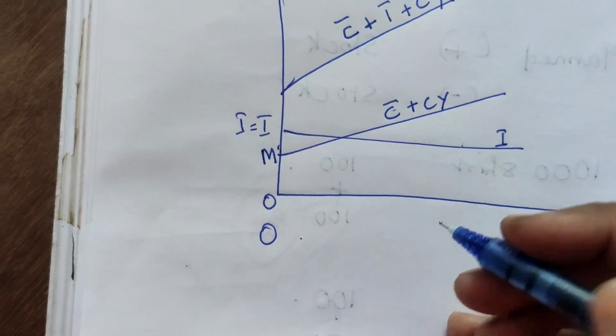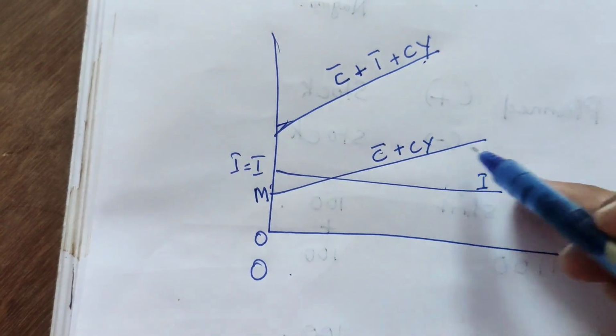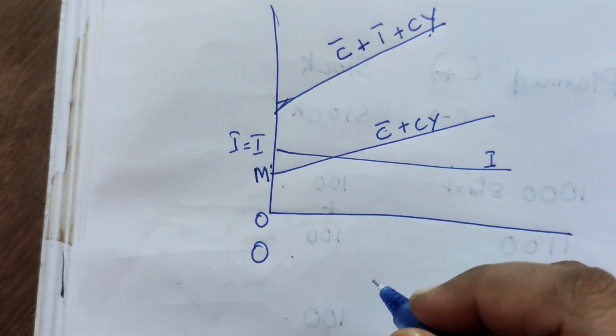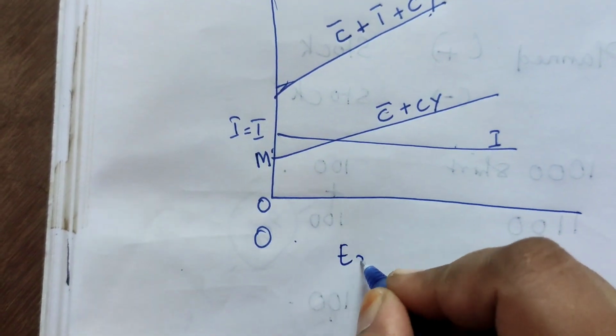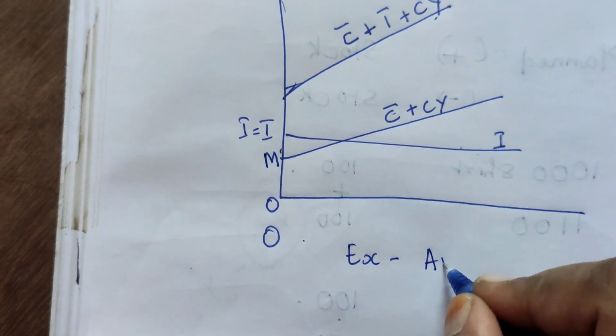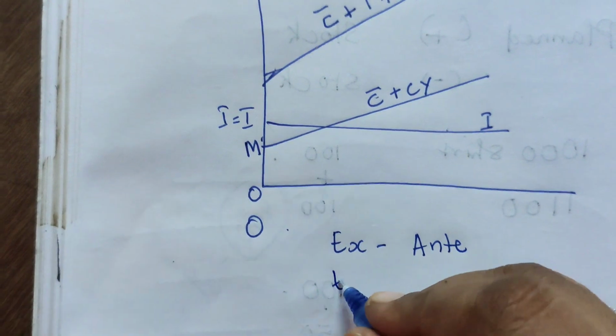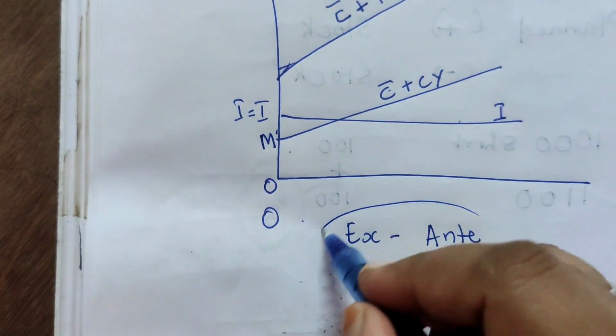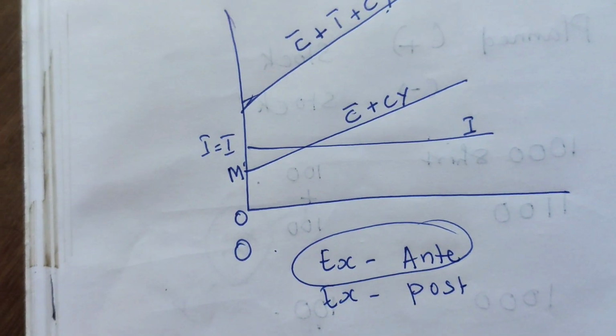Both lines are parallel. You need to say that this is considered the ex ante demand. Ex ante demand is the expected demand. Ex post demand is the real demand, and this one is the expected one.